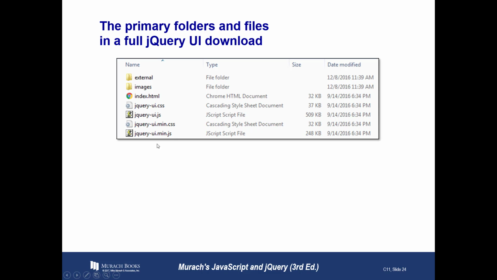Now, if you look right here, I just want to make sure you see this. You'll notice these files that are right here, that's just 2 files. This is the UI CSS file. Here's the UI CSS file that's been minified. Here is the UI JS file. Here is the UI.js file that's been minified.